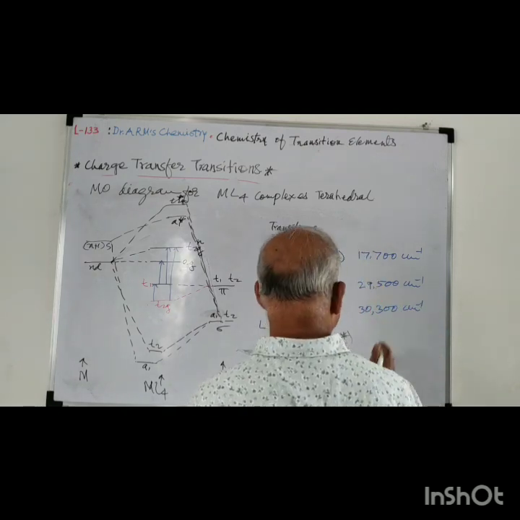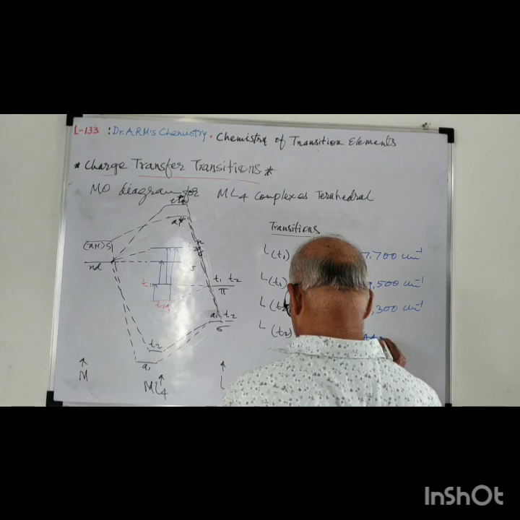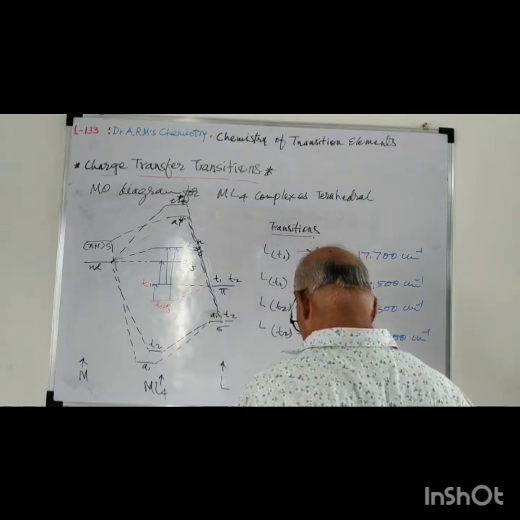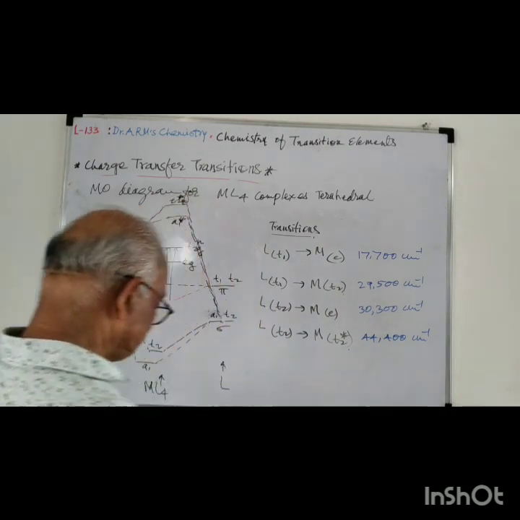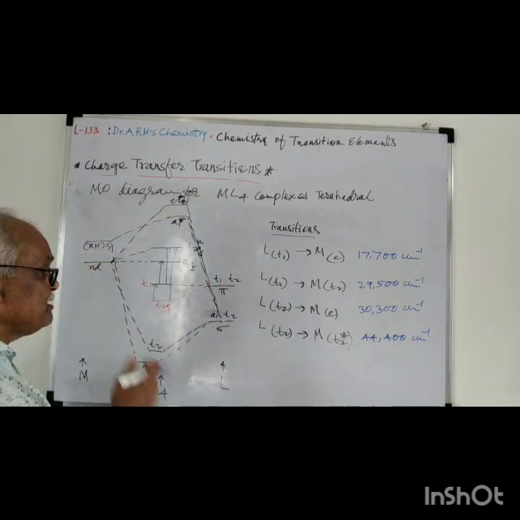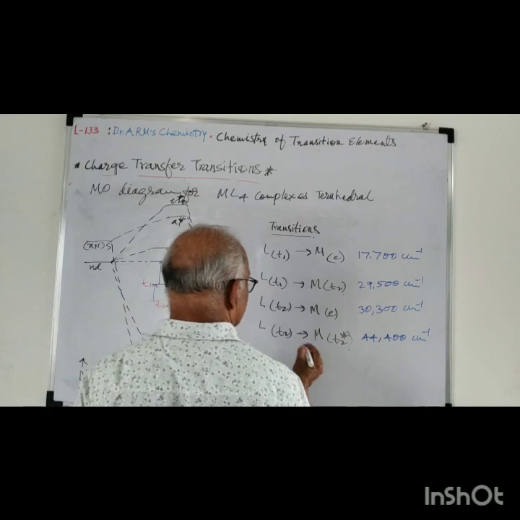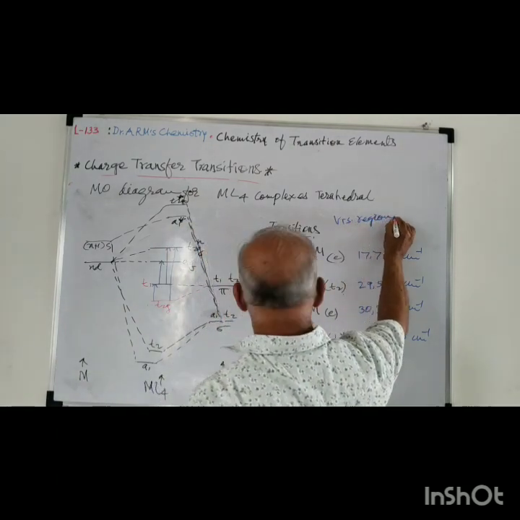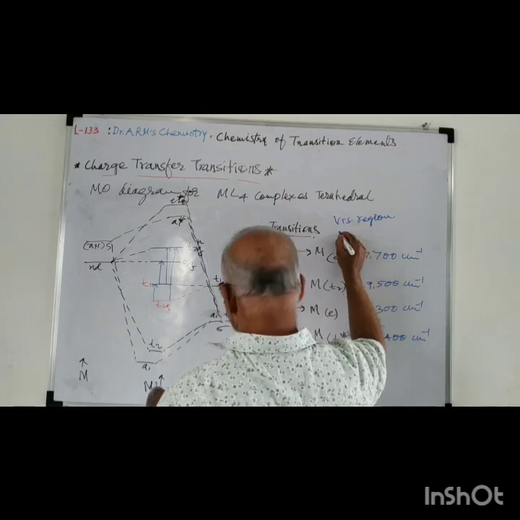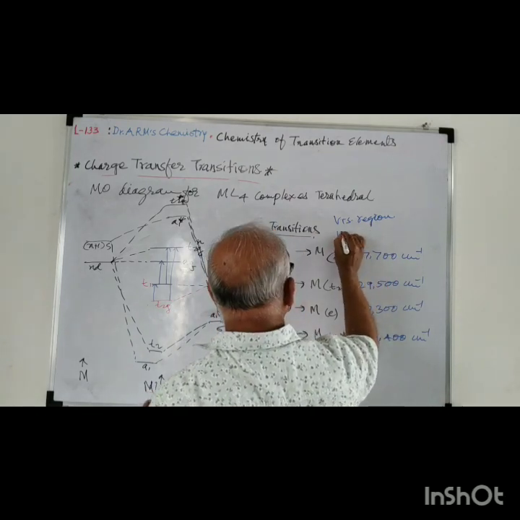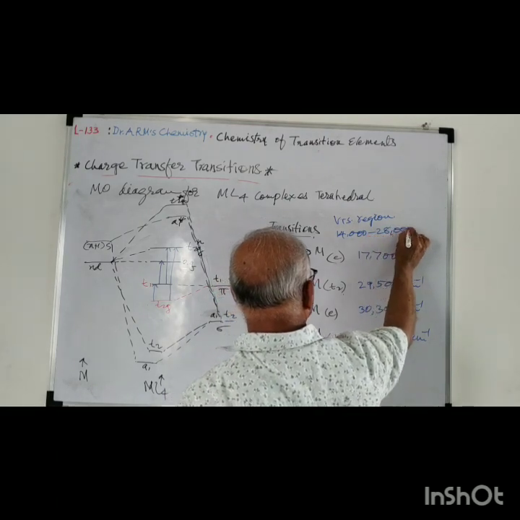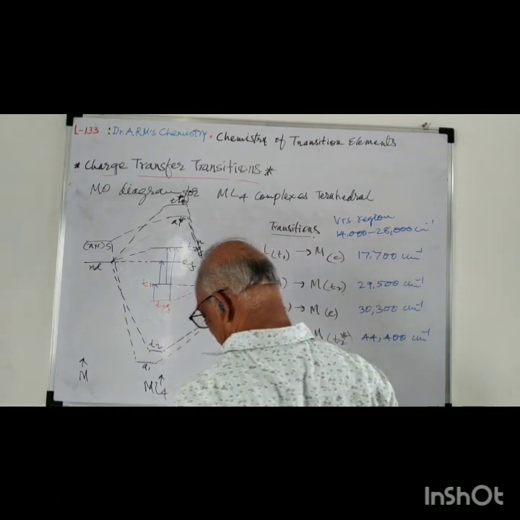For the fourth type of band, the value is 44,400 per centimeter. Here, the visible region, we know, is marked between 14,000 to 28,000 per centimeter.